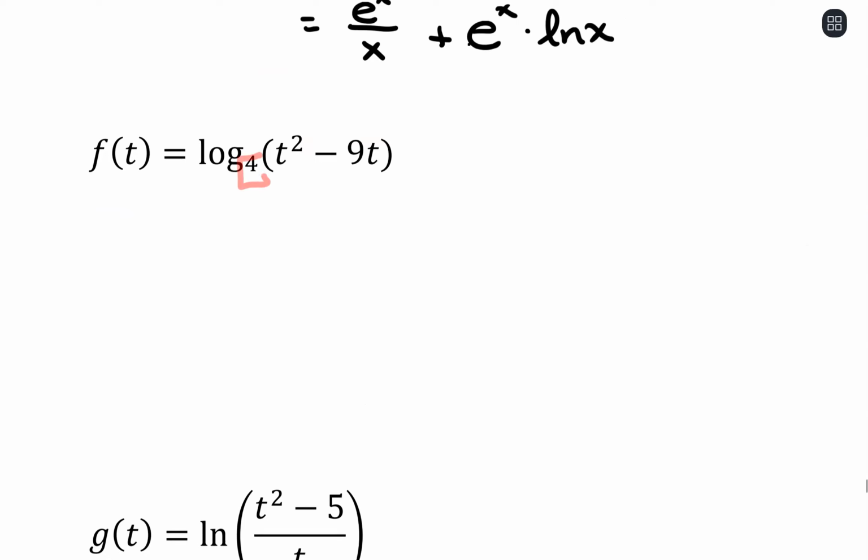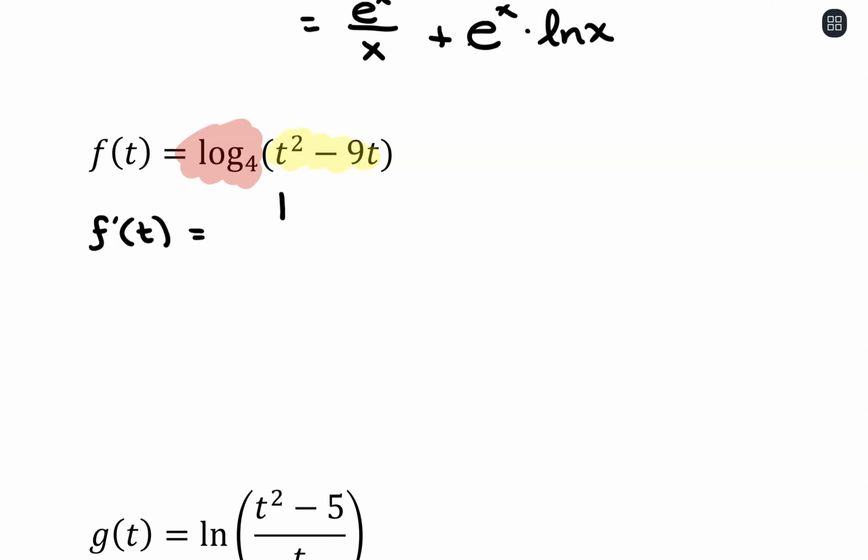And that's done. All right, a scenario where we have a different logarithmic base. So log base 4 of t squared minus 9t. So notice that this is going to use the chain rule. The outside we have this logarithm, inside we have this t squared minus 9t. So taking the derivative, using the chain rule, we're going to take the derivative of this logarithm base 4.